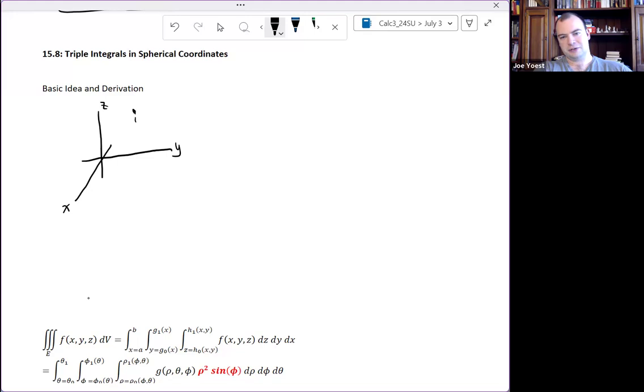So what's the idea of spherical coordinates? Again, we have some point x, y, z. It's z units above some point x, y in the xy plane.